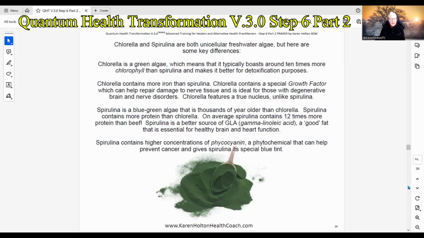Spirulina is a blue-green algae that is thousands of years older than chlorella. Spirulina contains more protein than chlorella. On average, spirulina contains 12 times more protein than beef. Spirulina is a better source of GLA, or gamma-linoleic acid, a good fat that is essential for a healthy brain and heart function.